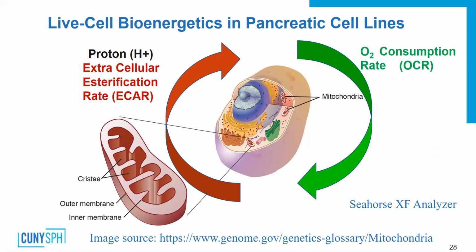So we wanted to look at the mitochondrial functions using live cell bioenergetics, using the Seahorse XF analyzer. Basically, it allows studying both oxygen consumption, which determines the mitochondrial respiration, the oxygen consumption rate, or the OCR, as well as the protons that are released, to determine the glycolysis independent of oxygen.